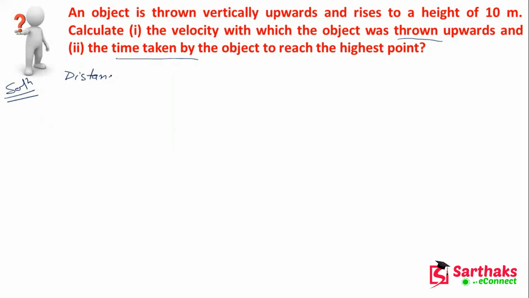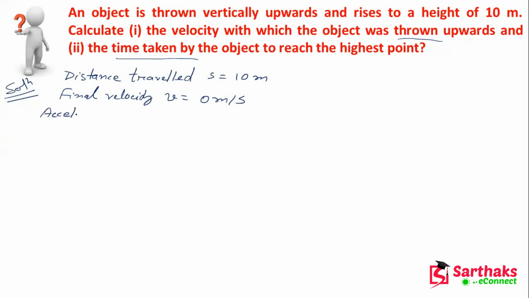Now the distance traveled s is equal to 10 meter. Final velocity v equals 0 meter per second. And acceleration g equals 9.8 meter per second square.